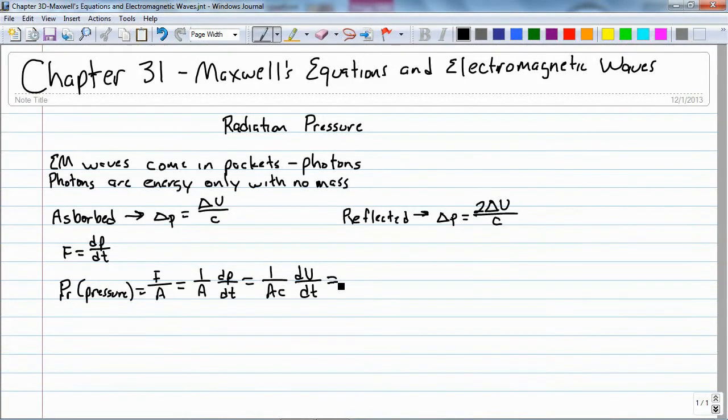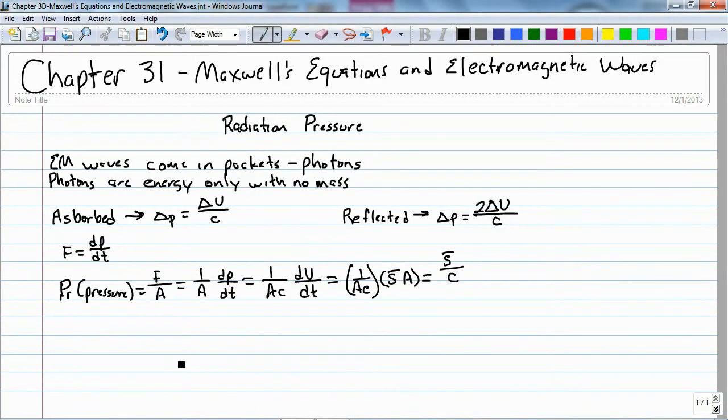And the derivative of change of energy is just the average Poynting vector times the area. And when we calculate this through, the pressure is the average Poynting vector divided by the speed of the electromagnetic waves.